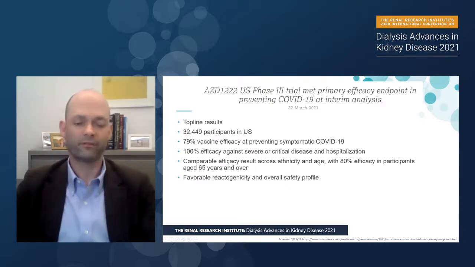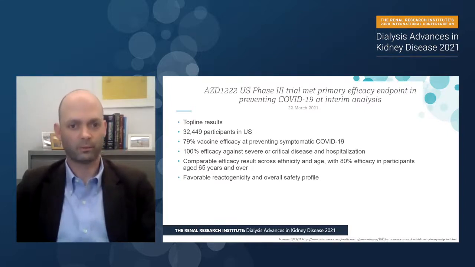The efficacy results were comparable across all ethnic and age groups, with 80% efficacy in participants 65 years of age and older. So pretty significant and very positive results. Now, there's been some confusion about these results. In fact, the FDA commented that this needs to be further elucidated, but certainly positive results overall, perhaps needing further clarification.